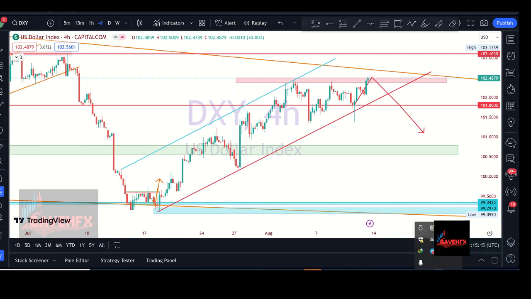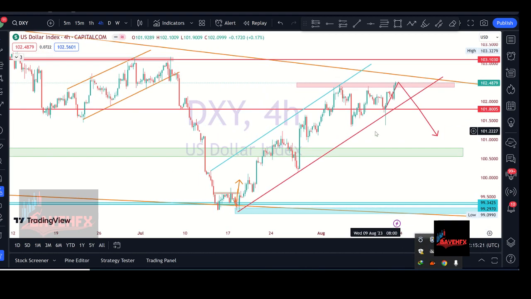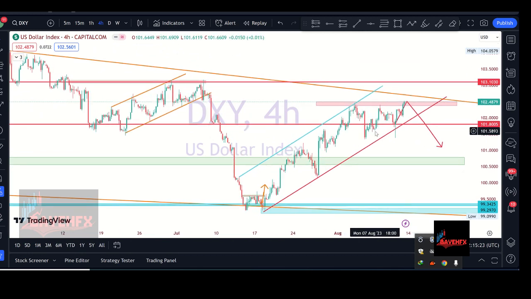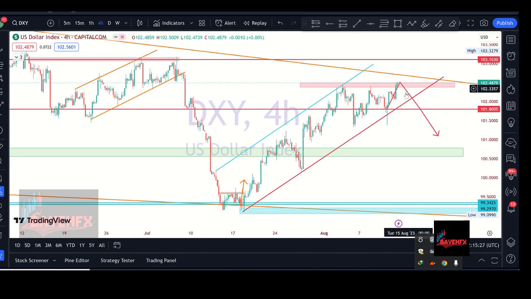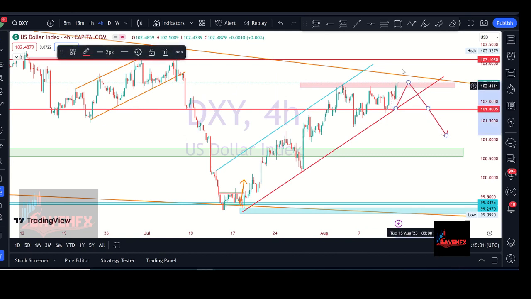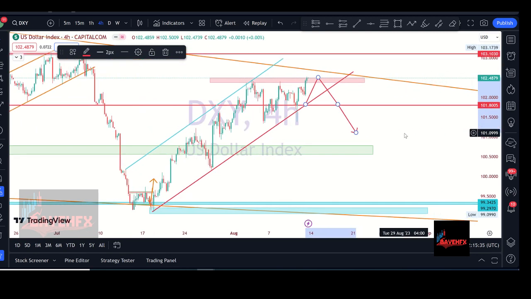Tapping at the sell side liquidity right now, right? So if we can get a very nice rejection from this particular zone, we're just waiting out for a correction. If the US dollar becomes so bearish, so could other pairs, the cross pairs that trade with the US dollar are going to improve.